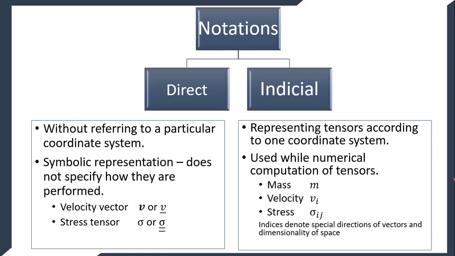We know that tensors have to be projected or displayed only in a coordinate system. We can talk about a tensor only with regard to a coordinate system. So we need to have a coordinate system, and different tensors will have different coordinate systems.